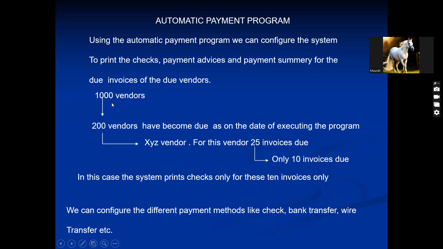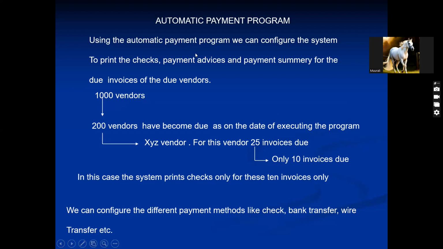Let us say I have 1,000 vendors in my organization. Among these 1,000 vendors, there are 200 vendors who need to be paid on a particular date. Again, among these 200 vendors, there is one vendor, XYZ, who has supplied me 25 invoices on different dates. Among these 25 invoices, there are 10 invoices due on the particular date.